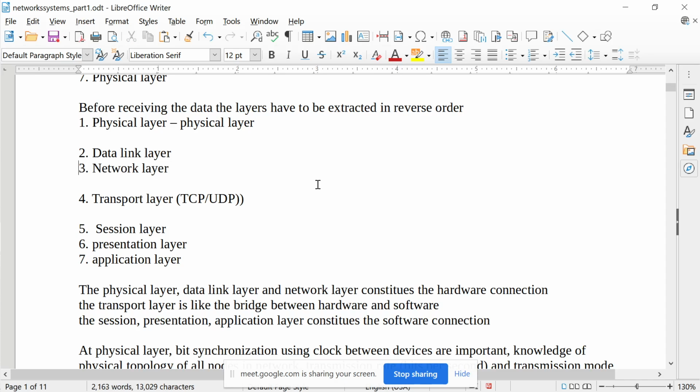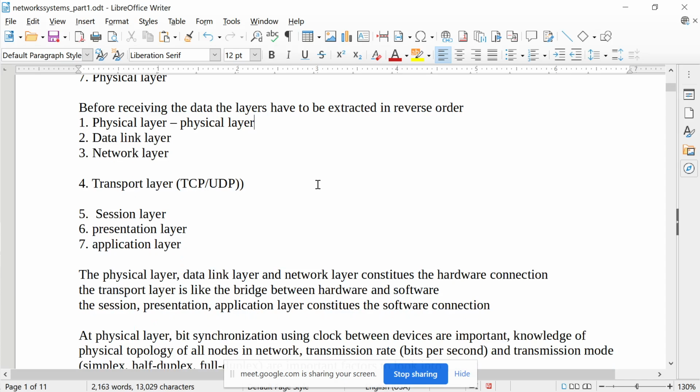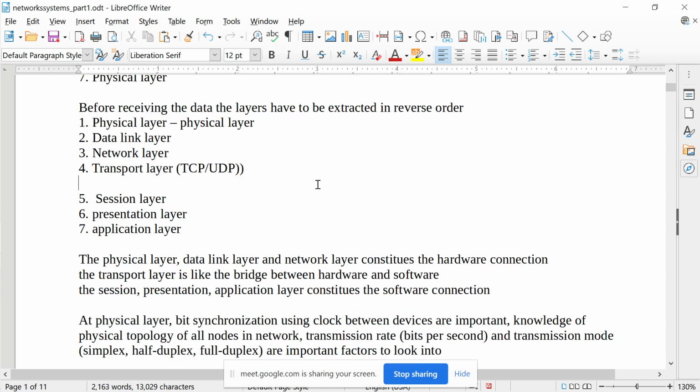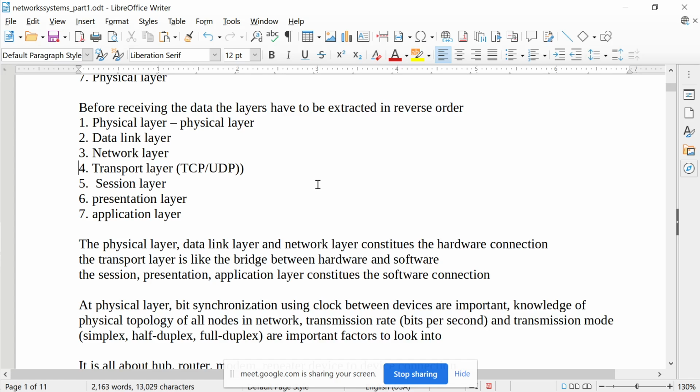So there are 7 languages being used to communicate, because let's say WhatsApp wants to send some data to another WhatsApp software on some other device. WhatsApp should have a language to talk to. So that is where different protocols, different languages, are used. You can think of it that way.